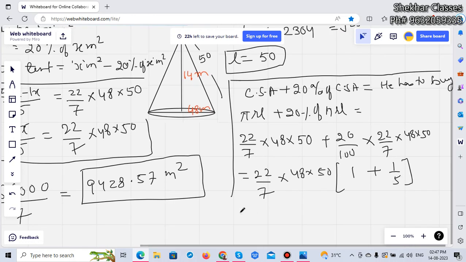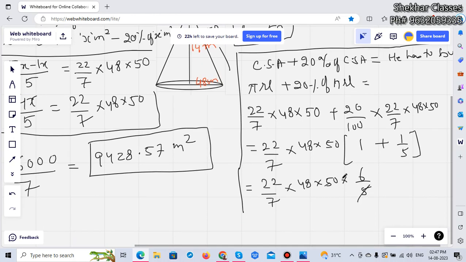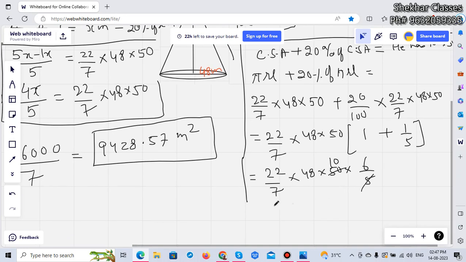Okay, so we can directly calculate that, and that will give you how much? 22 upon 7 into 48 into 50, and this will give you 5 plus 1, 6 upon 5. Okay, now this will go 10 times. If nothing else goes, we have to write 22 into 48 into 10 into 6 upon 7.